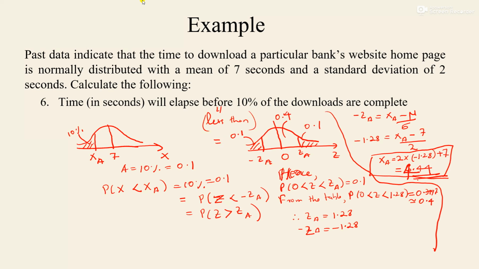Now suppose it is 60%. What is the time that will elapse before 60% of the downloading times are complete? If we are taking 60%, then your diagram will be in this manner.